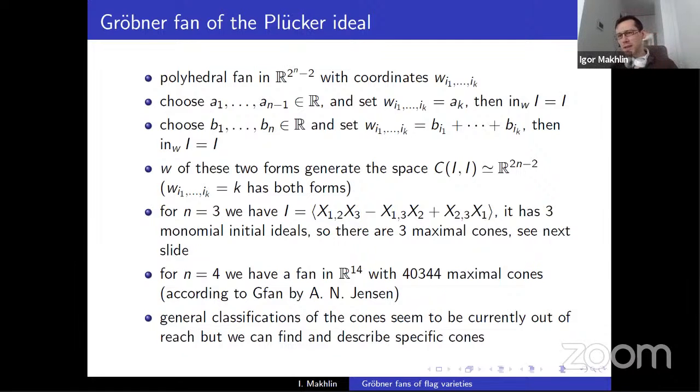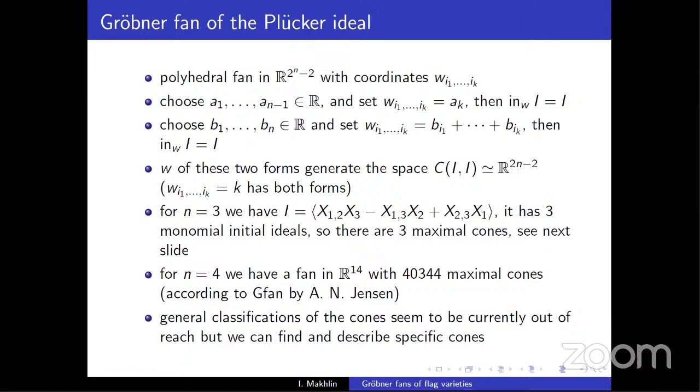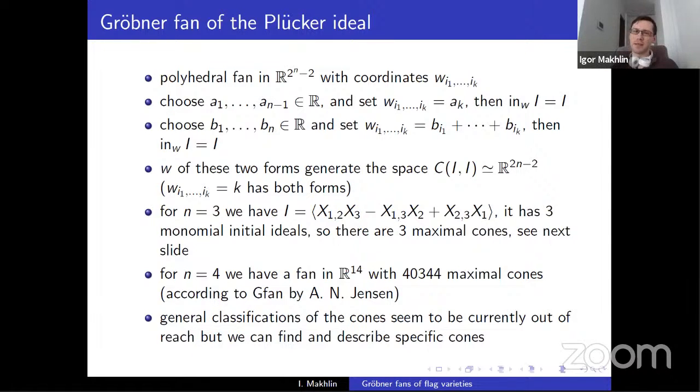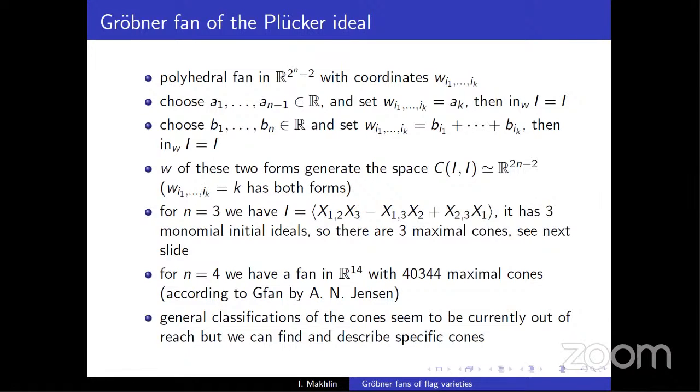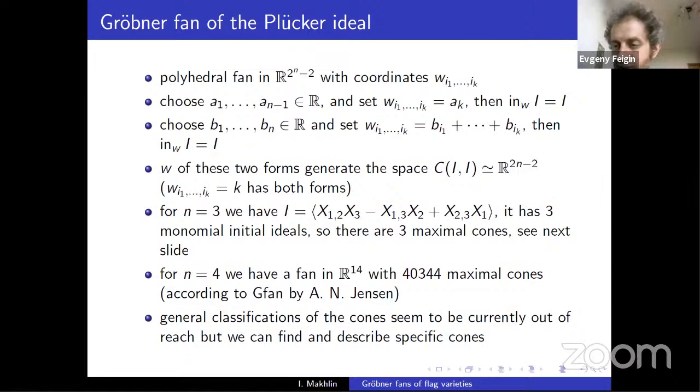Which variety are you talking about? If you consider coadjoint orbits. Oh, coadjoint orbits, sure. I think they have different dimensions. Yeah, I think. Strictly speaking, I don't know, but.